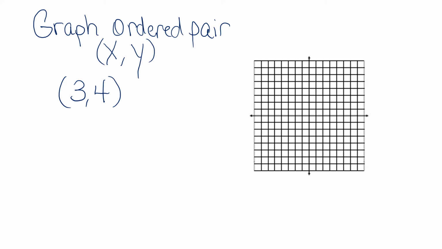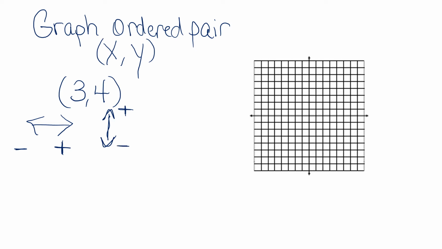That x value tells me to move to the left or the right, depending on whether it's positive or negative. If it were a negative, I would move to the left. If it were a positive number, I would move to the right. And then the y value tells me whether to move up or down. Again, a positive number would be to move up, and a negative number would tell me to move down.